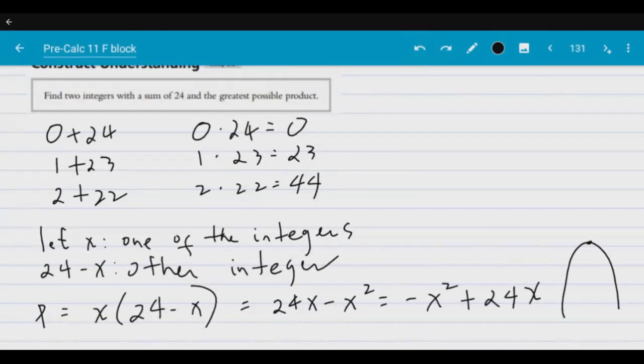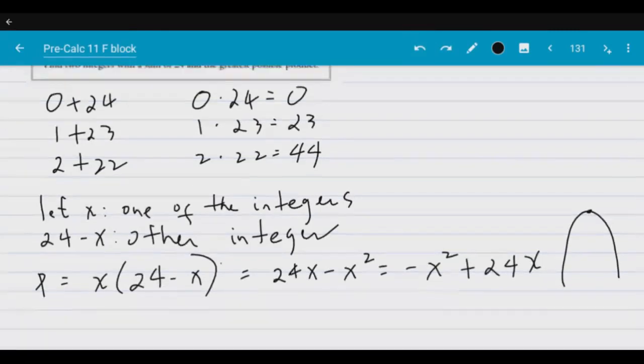The product is these two numbers multiplied together, where x is one number and the binomial is the other number. So the maximum product is the greatest value of p, which would be the y coordinate of the vertex. Now, mind you, I should have written here that p is actually a function of x.